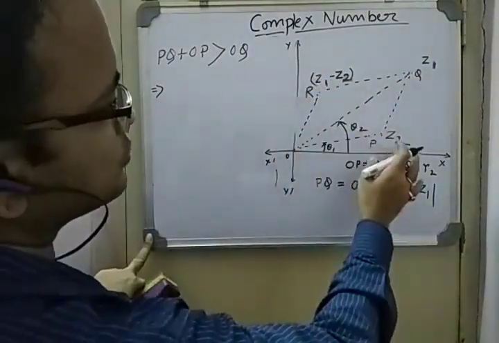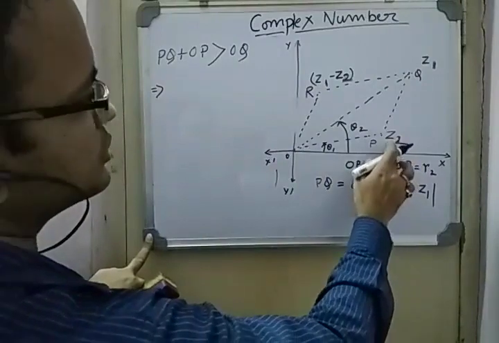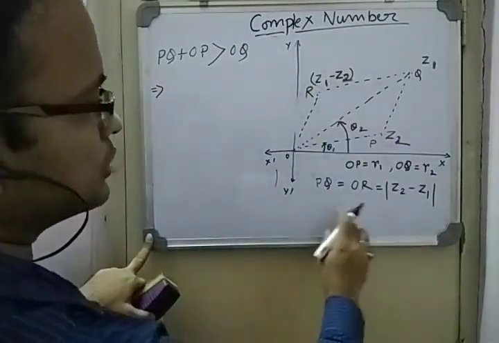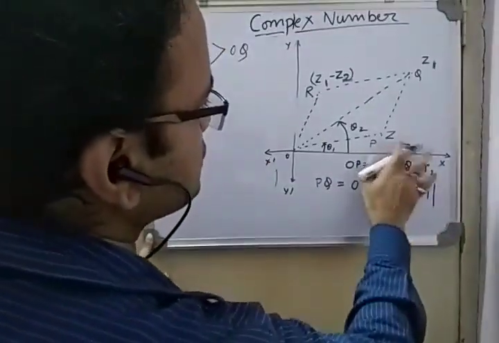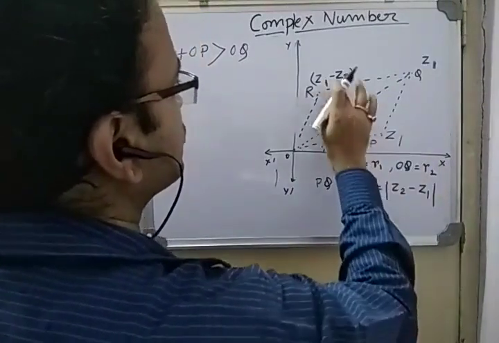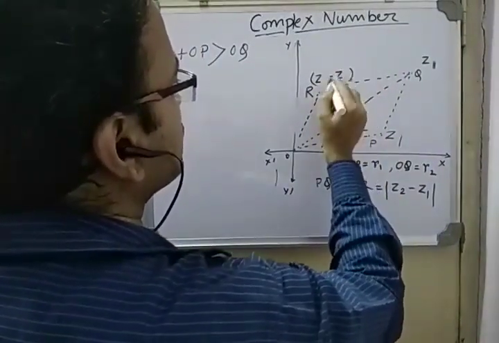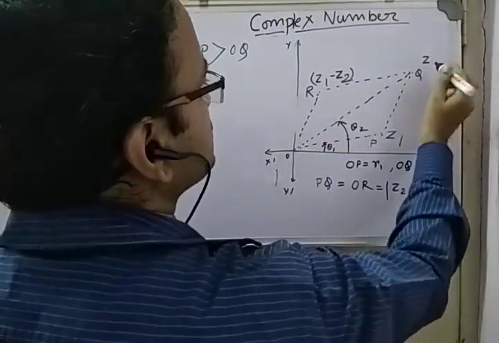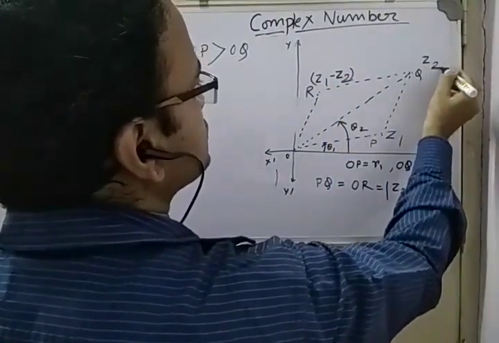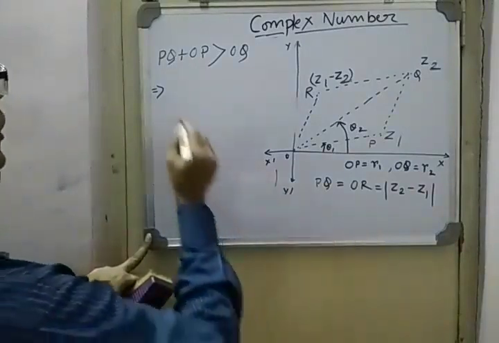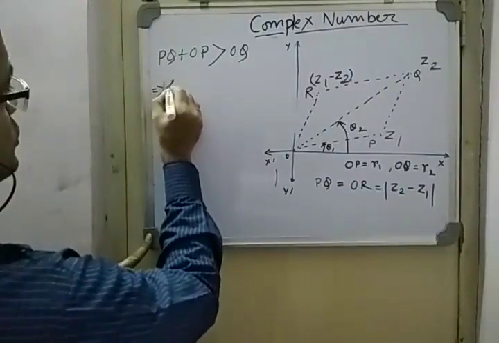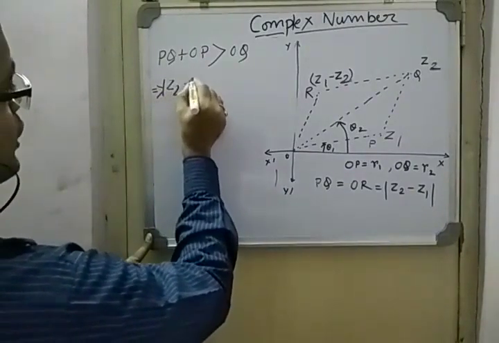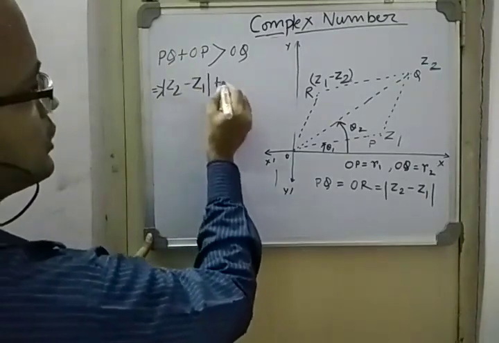I am not referring to these changed values. So I will just go with my earlier calculation, earlier points, otherwise I have to change a few more things here. Earlier we decided these things, so I will proceed with this only. So PQ is what? Z2 minus Z1 plus OP.